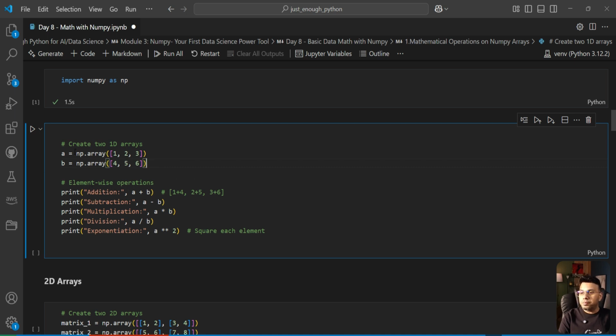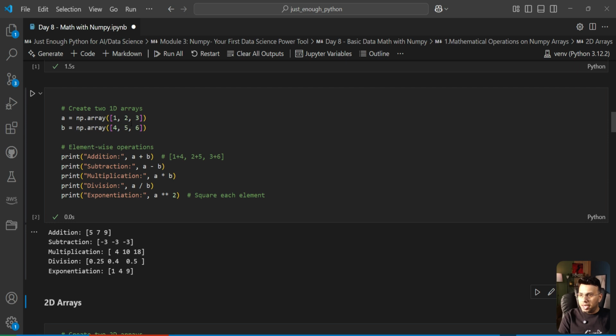We are saying A plus B for addition, A minus B for subtraction, A into B for multiplication, A divided by B for division, and then we are saying A to the power 2. This is for exponential operation. We saw this example in the last class as well. Now let's first execute this code and see how this piece of code behaves.